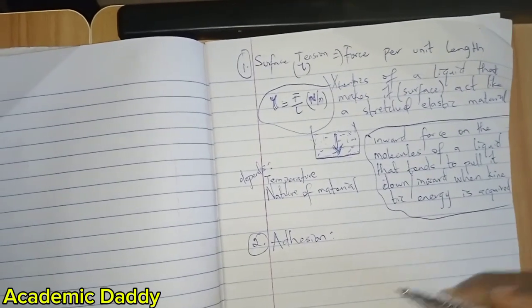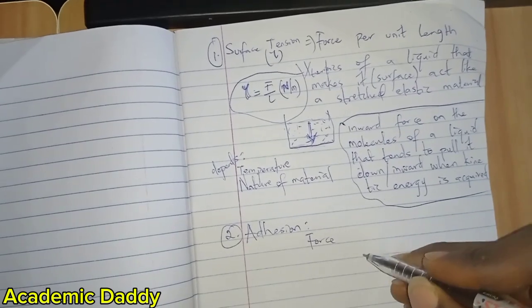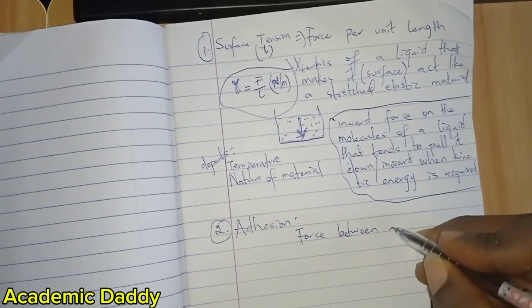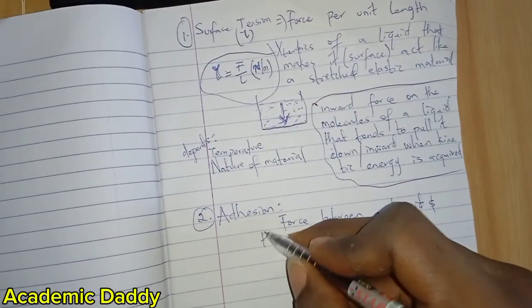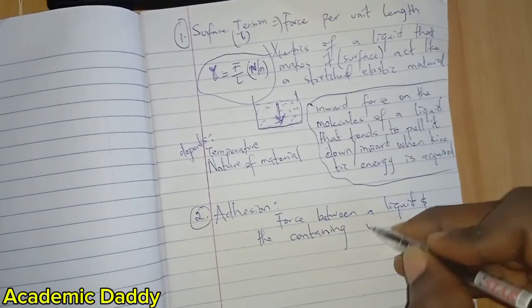After this, the second force I want us to look at is what we call adhesion. Notice that adhesion, we say that it is the force between a liquid and the containing vessel.